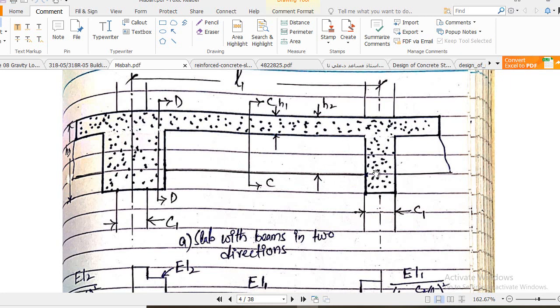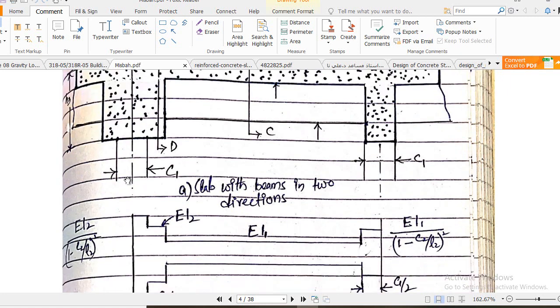This is the beam which is running in that direction, which is the north south direction, and this is the beam which is running in the east west direction. So what is H3, what is H2, and what is H1? Note down these things. Clear? What is C1? Basically C1 is in the analysis direction, in the direction of L1, while C2 is in the cross direction. Clear? You will understand these concepts.